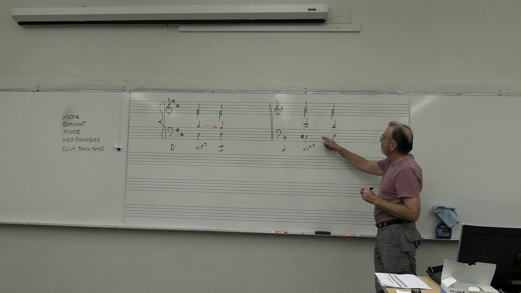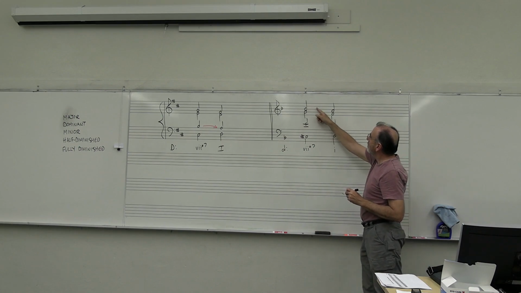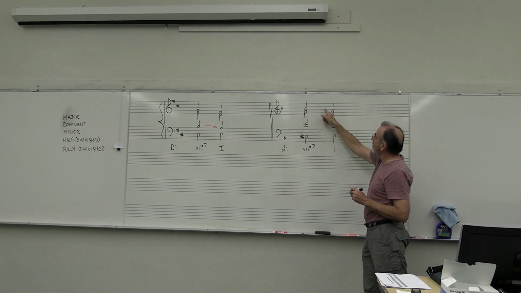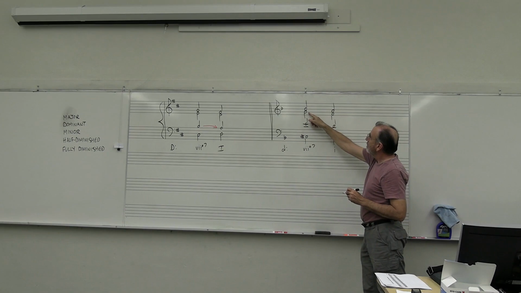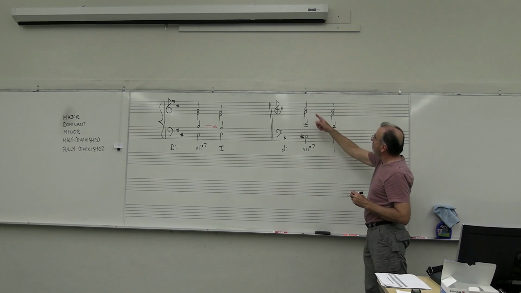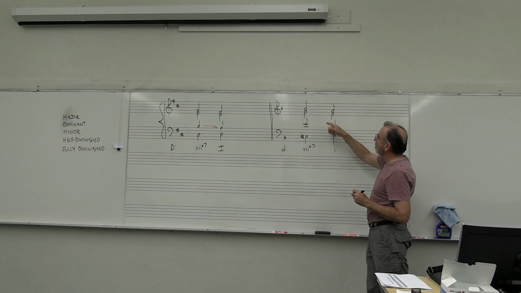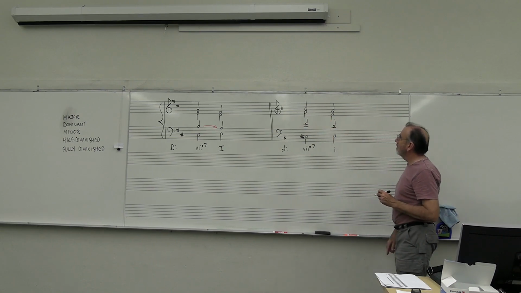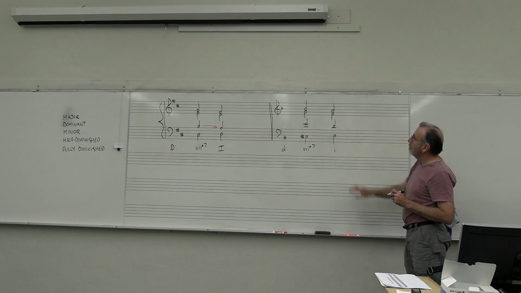So this leading tone resolves up to tonic, the 7th of the chord, the B flat, goes down by step to the A, the G goes down, that's the same fa to mi that's taking place in major and minor, and then we just move the E to the D to get the other root of the chord.